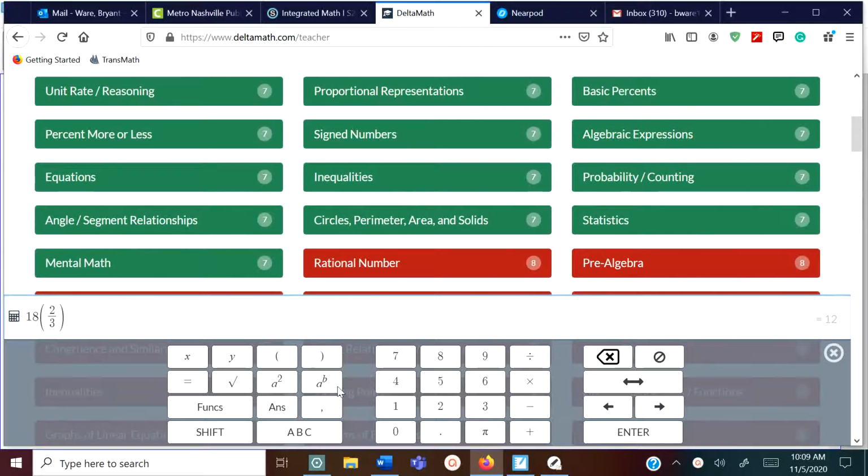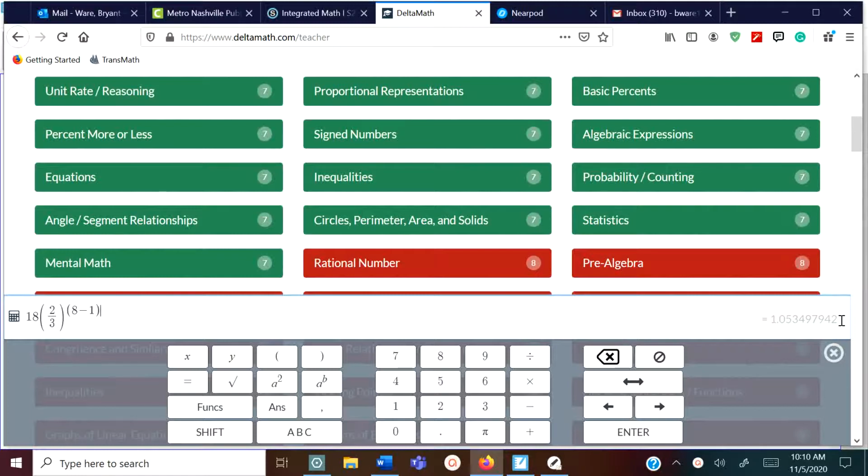There we go. Now we're going to raise it to, what was it again? 8 minus 1. So open parentheses, 8 minus 1, close parentheses. And we got this big number here, 1.053497. It's a big number.